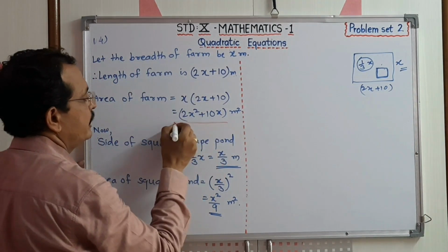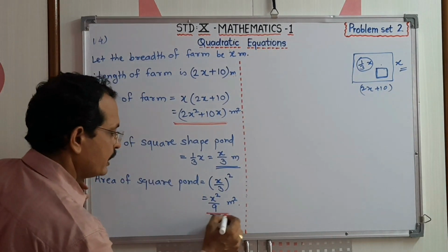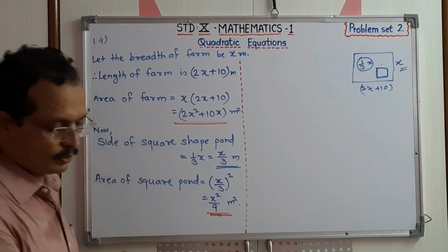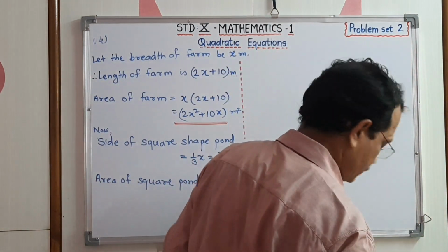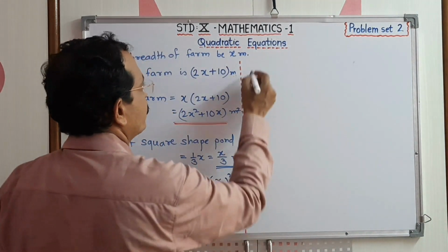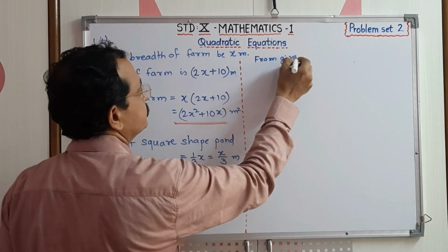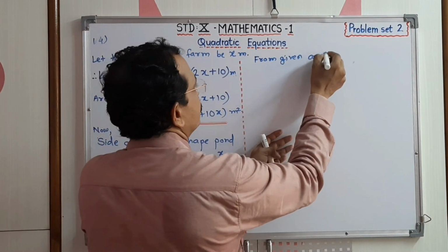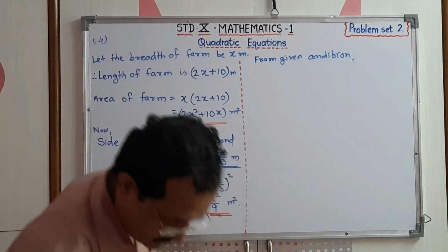This is the area of a farm. This is the area of a pond. Now the relation is given. The relation is related with the area. Therefore, from the given condition, what is the given condition?